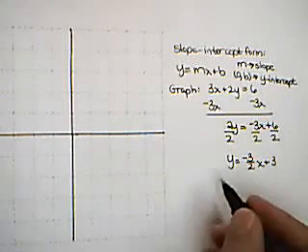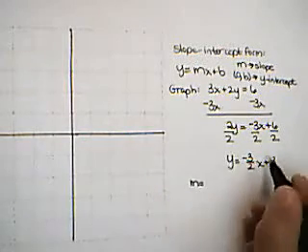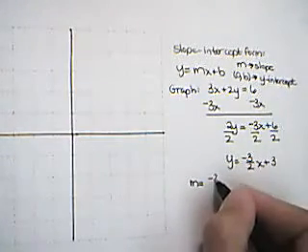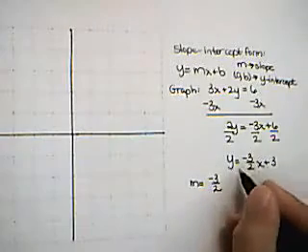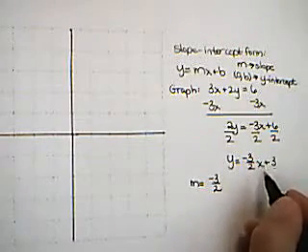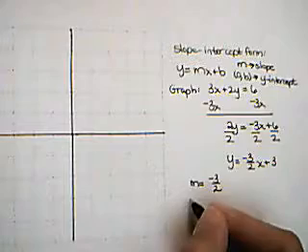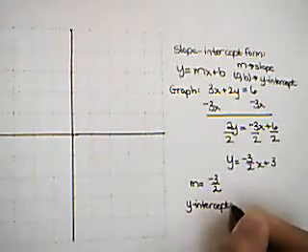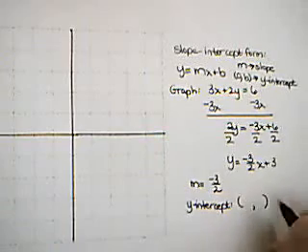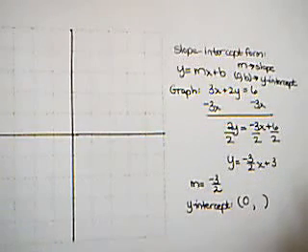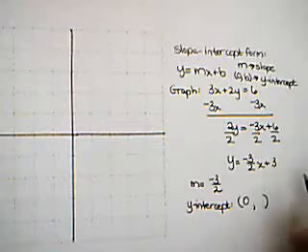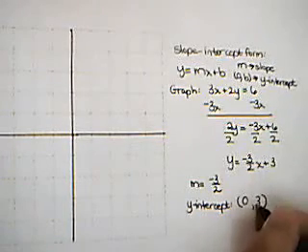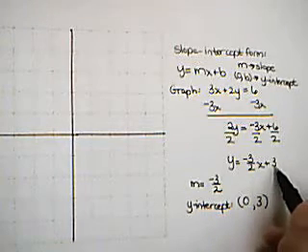Well, in this case, our slope is the coefficient of x, which is negative 3/2. Once it's solved for y, your slope is always x's coefficient. Your y-intercept, which means where it crosses the y-axis, is an ordered pair. It is a point. Your x value is always 0 to be able to fall on the y-axis. And then your y value for the y-intercept is positive 3. It's always going to be that number.